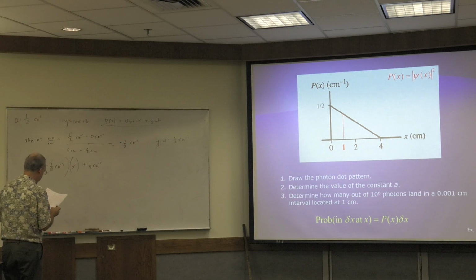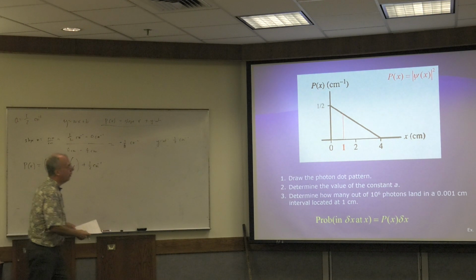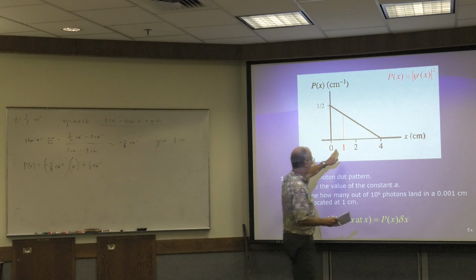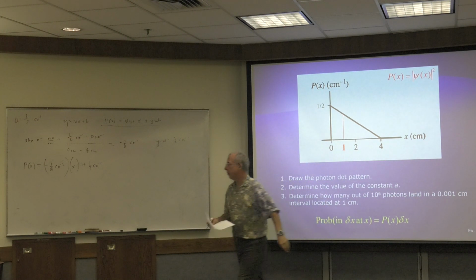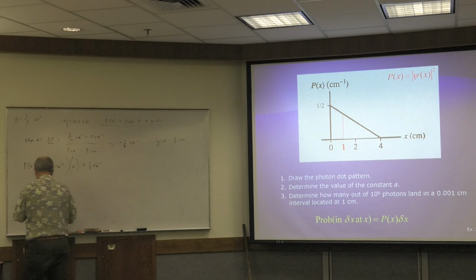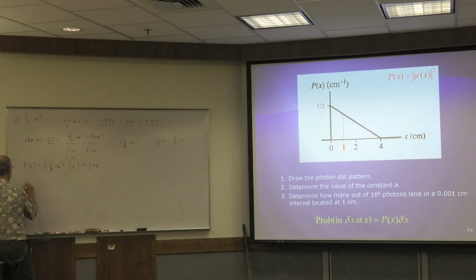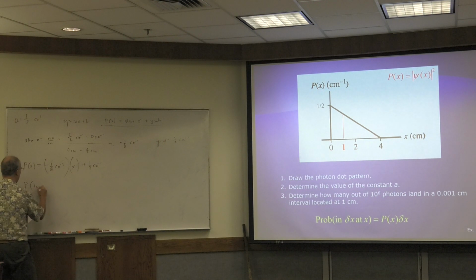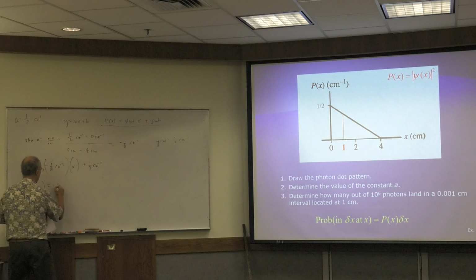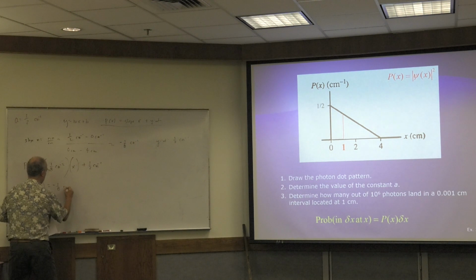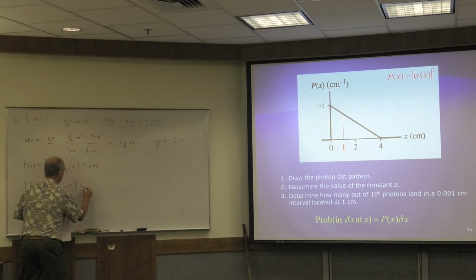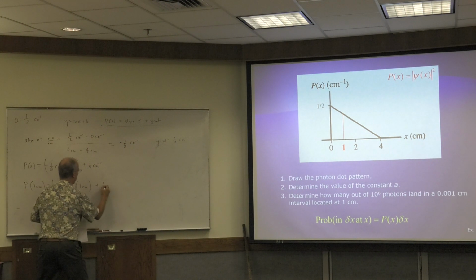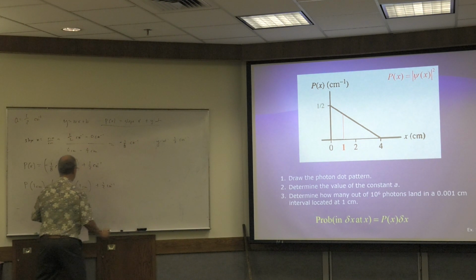It's pretty weird. All right? Now what we want to know is the probability density at x equals 1. So you put it in. The probability density at 1 centimeter equals 1/8 centimeter negative 2 times 1 centimeter plus 1/2 centimeter negative 1.